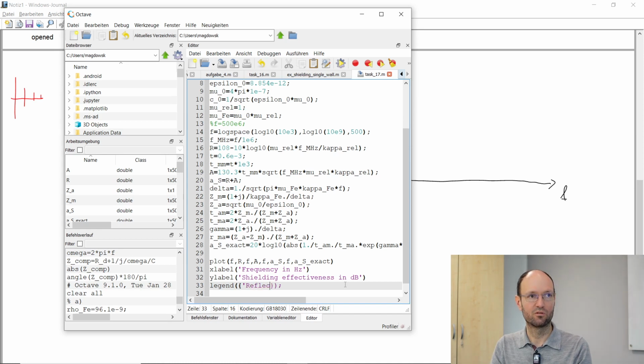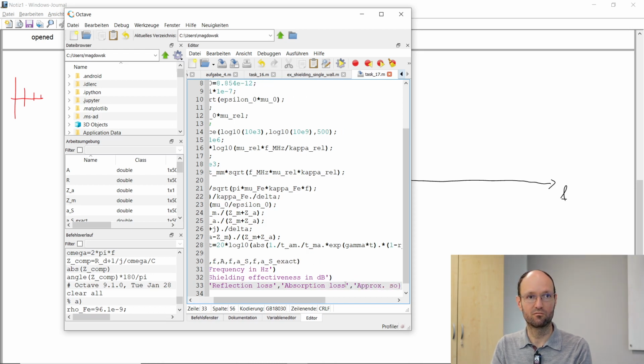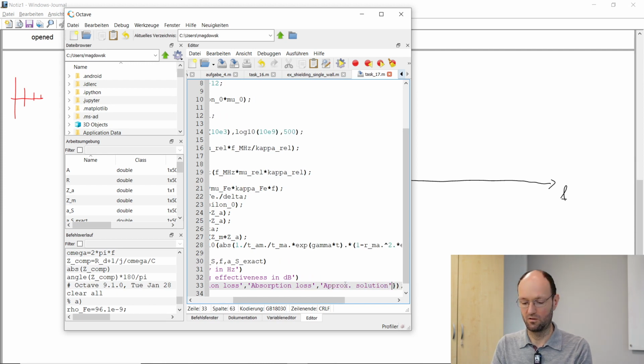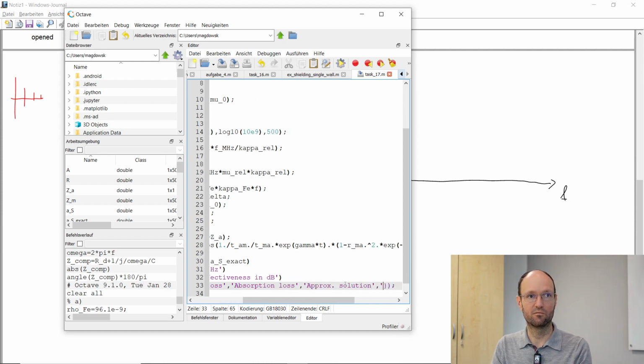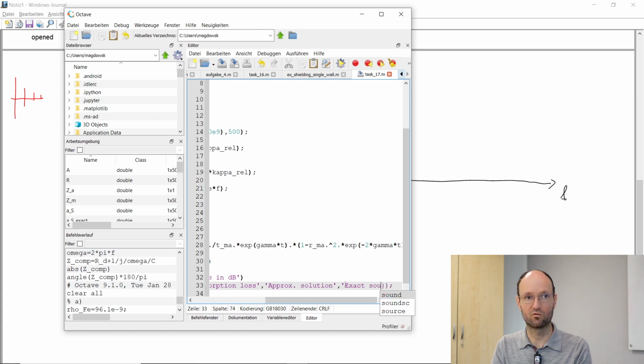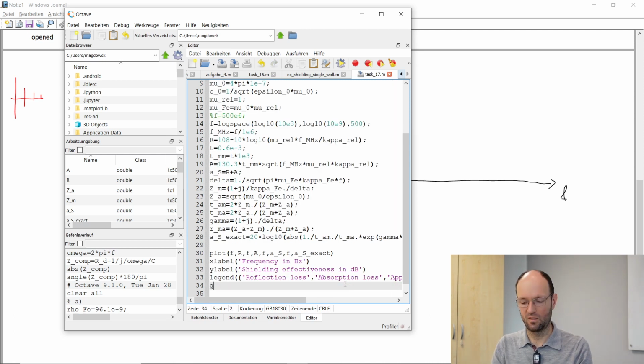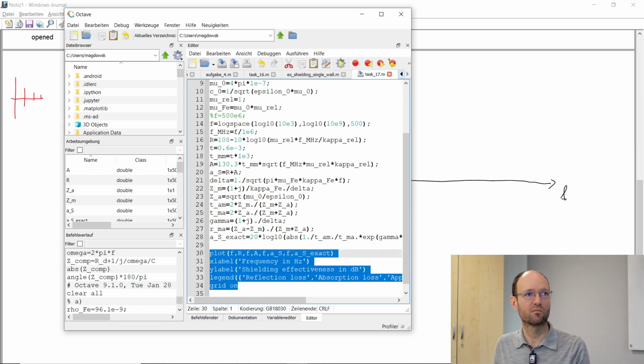So the first one is reflection loss. The second is absorption loss. The third is, let's say, the approximative solution. And the last one is the exact solution. Okay, and maybe a grid would be nice. So let's see what it does.